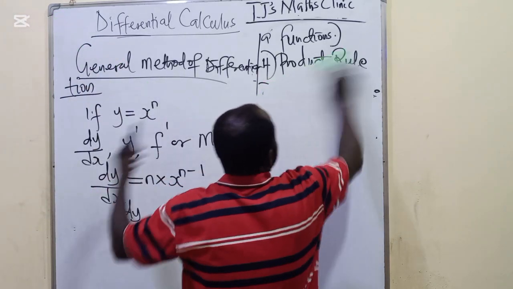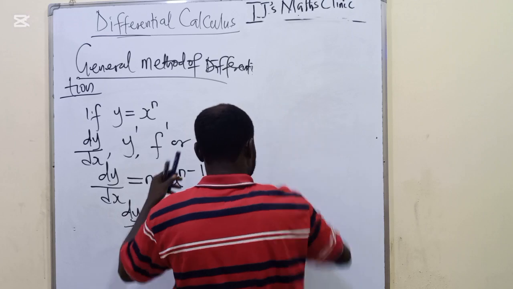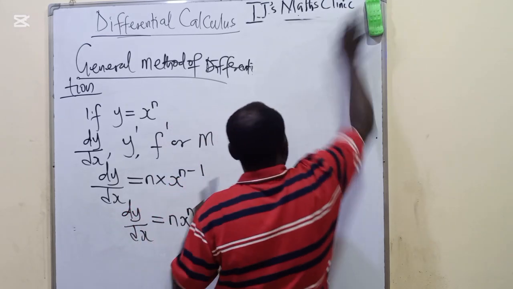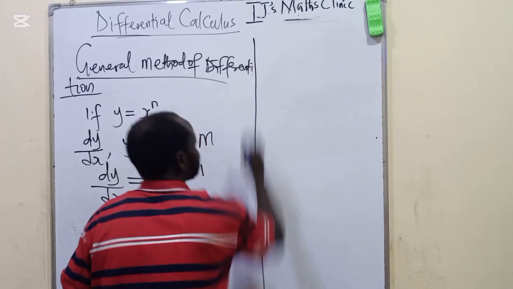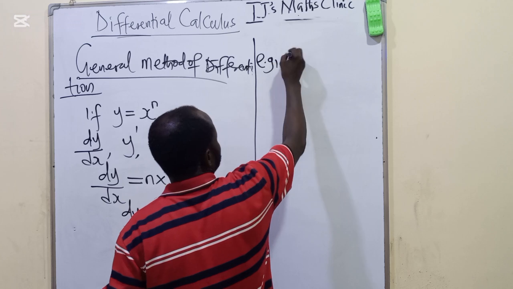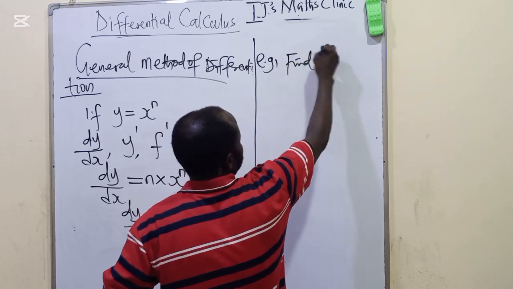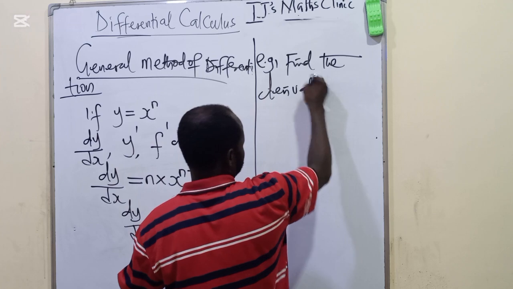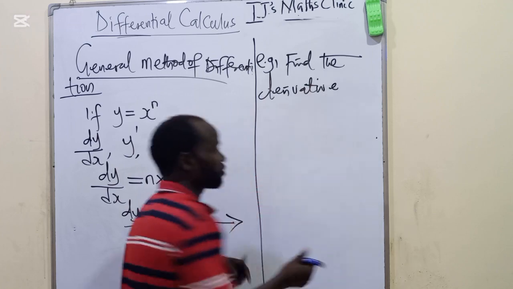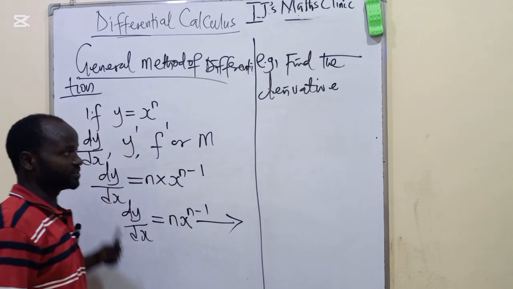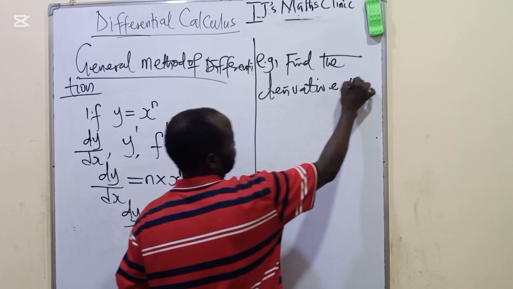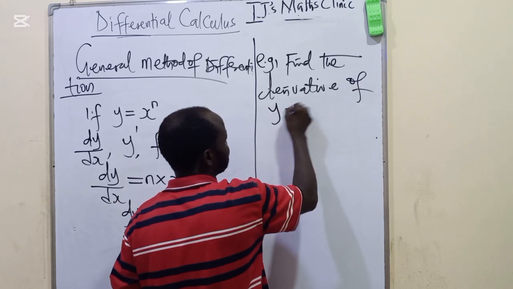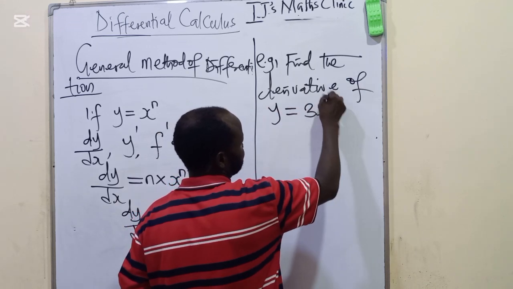Let's look at an example. Suppose we are asked to find the derivative of this function. Example 1. We are asked to find the derivative, which means differentiation. We are asked to differentiate, or find dy by dx. Find the derivative of y equals 3x cubed.